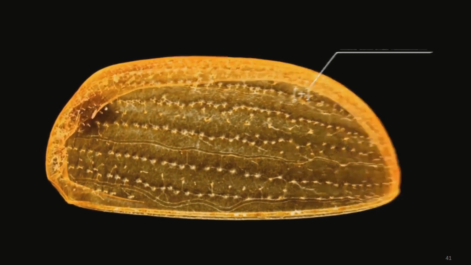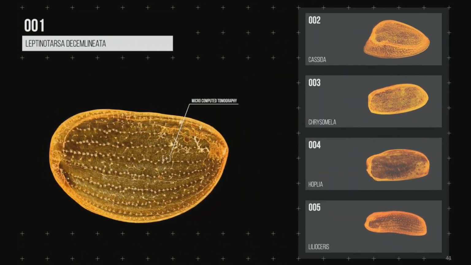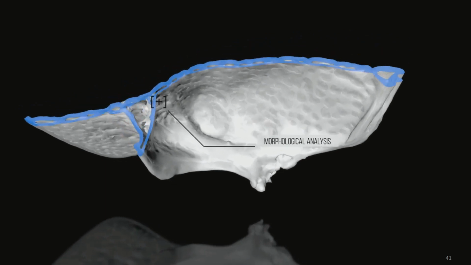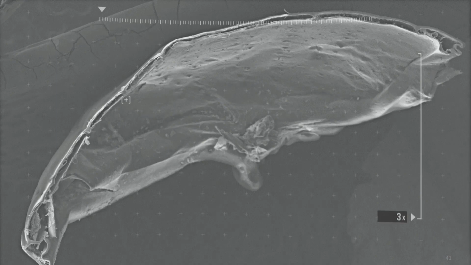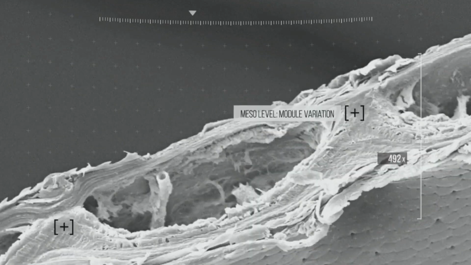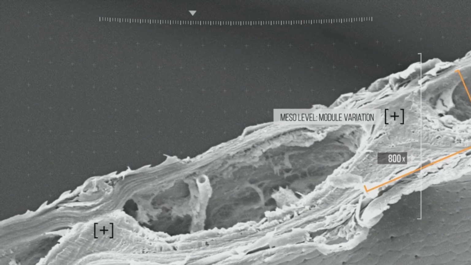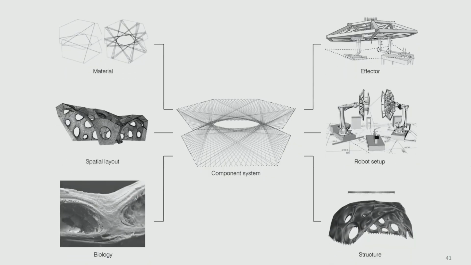Yeah, so we were scanning the beetles and looking into how the fibers are arranged to achieve a structure so light and strong. The design tried to negotiate all of these parameters, including fabrication constraints and geometric rules, into one overall functioning system.